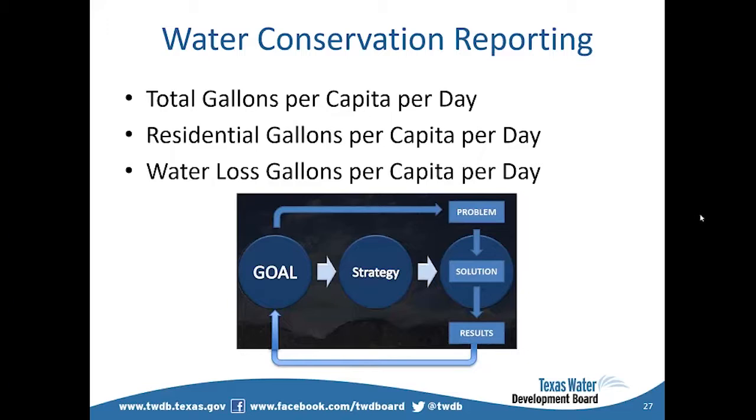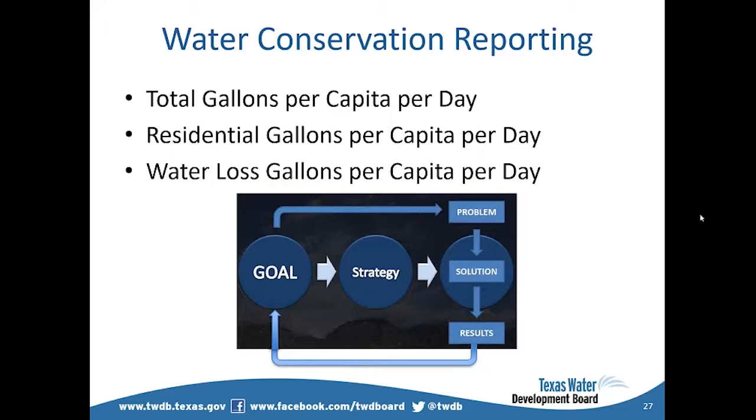And so I mentioned a little bit about the total gallons per capita per day and the water loss gallons per capita per day. I did want to mention that if you are a utility that has to do a water conservation plan, then you also have to set a residential GPCD within your water conservation reports, aside from the water loss audits.